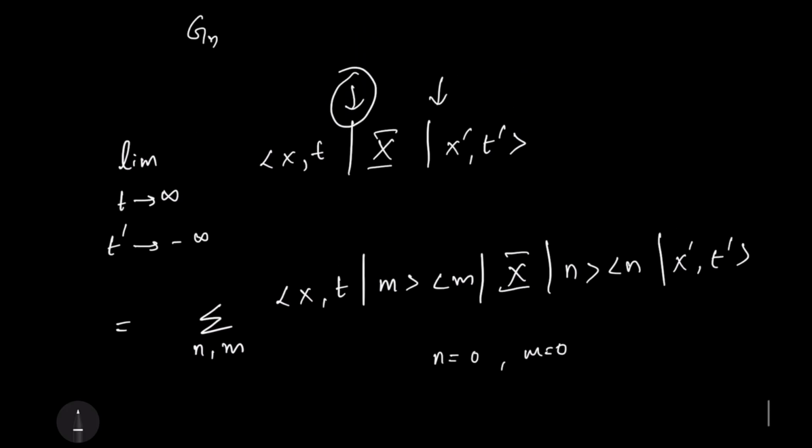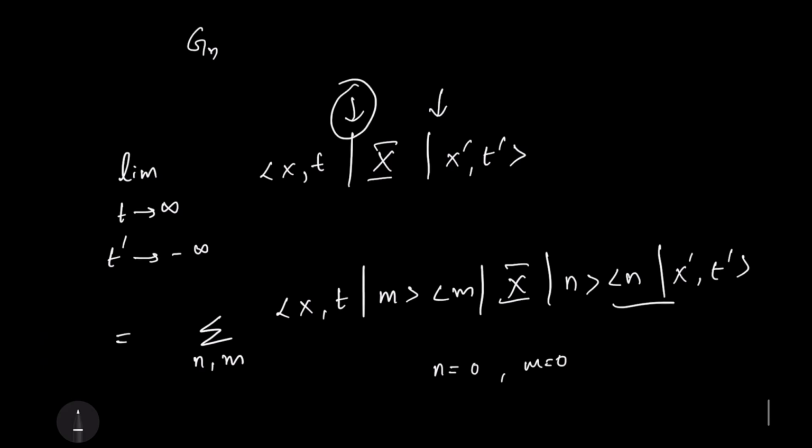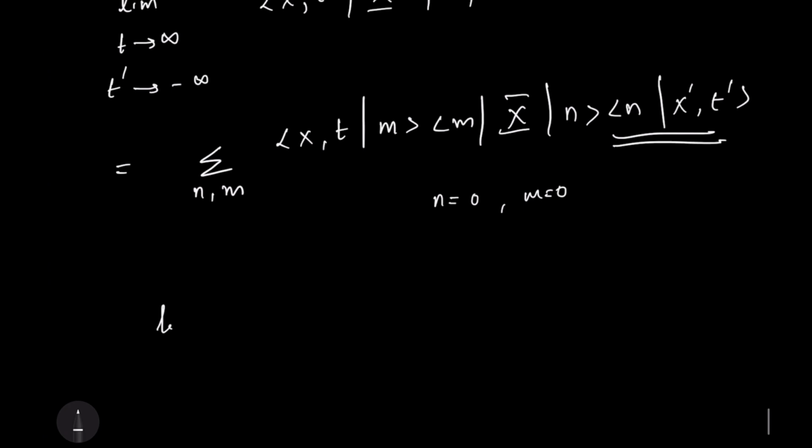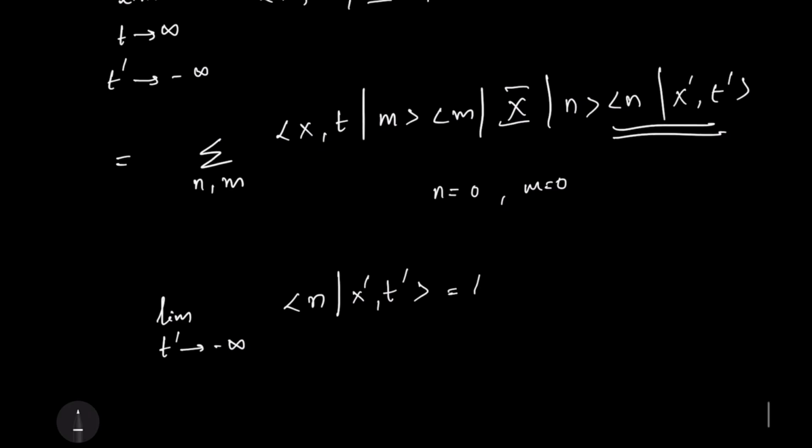So first I will consider this term, n x prime t prime, with the limit t prime tending to minus infinity. I am just considering the last term. So this I can write as limit t prime tending to minus infinity of n, then how do you get x prime t prime?